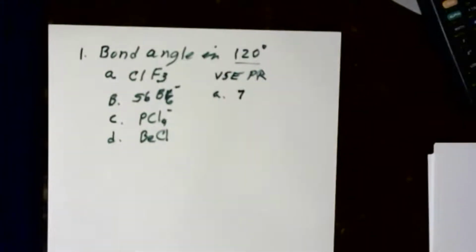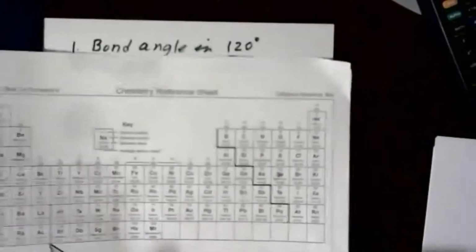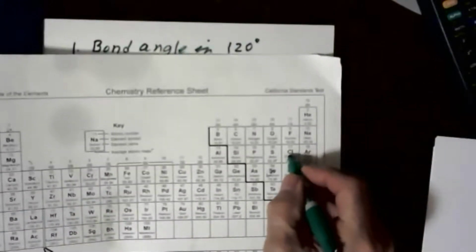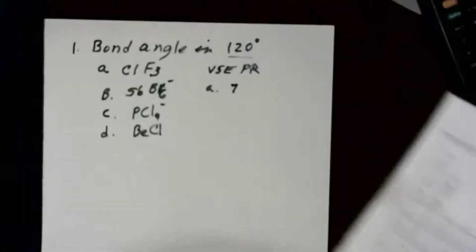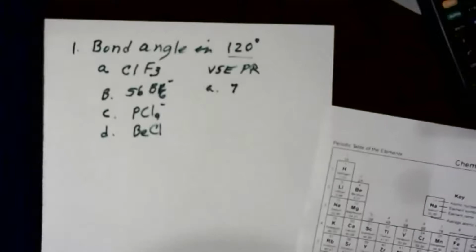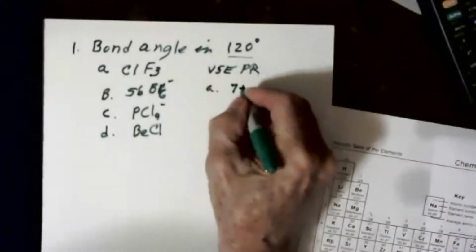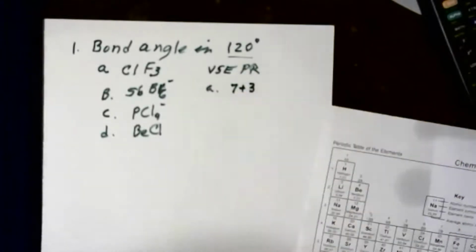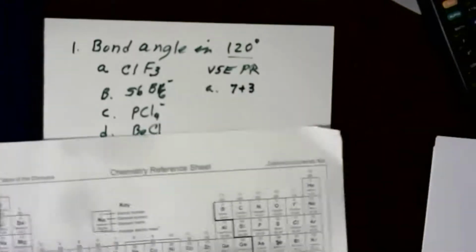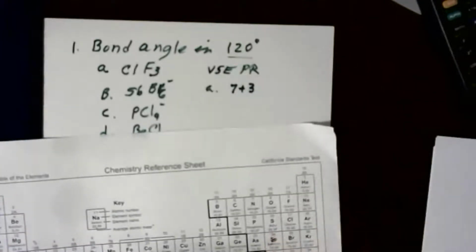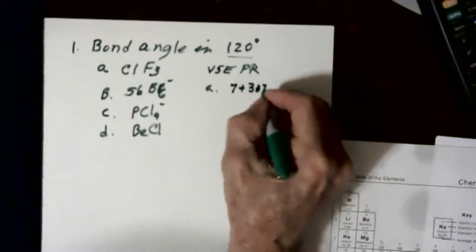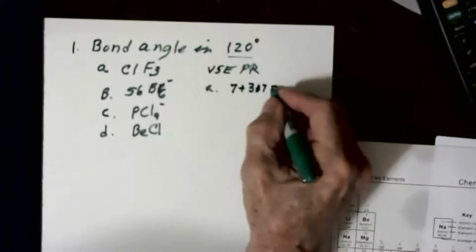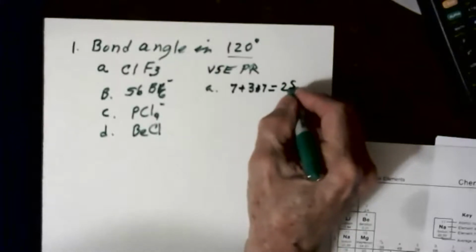You can get that from the periodic chart by looking at the column. I've also got 3 fluorines, and fluorine is also in group 7, so it's got 7 as well. This gives me a total of 28 electrons.